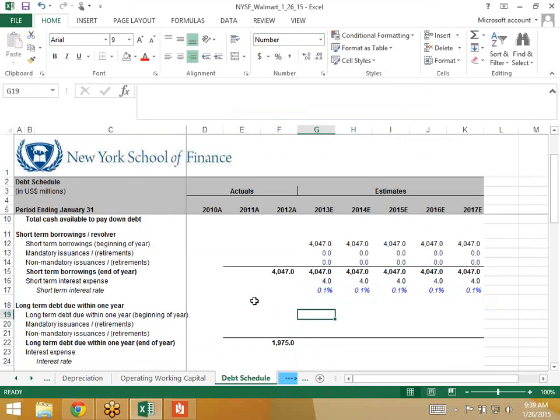So I want you to take a look at that and try to build it out as we had just done the short-term debt, right, where we're taking the beginning of year short-term debt equals the prior year from the year before. Right, so beginning of the year short-term debt equals debt from the year before, 1975.